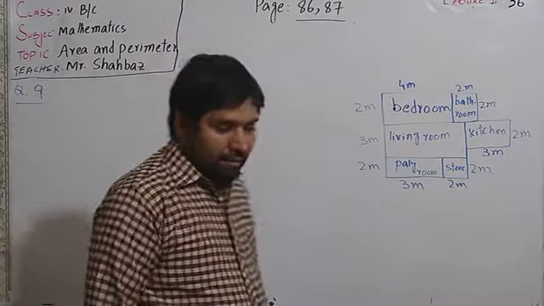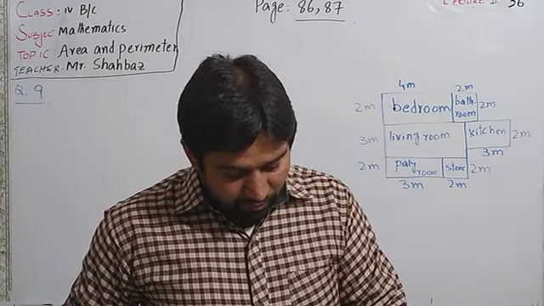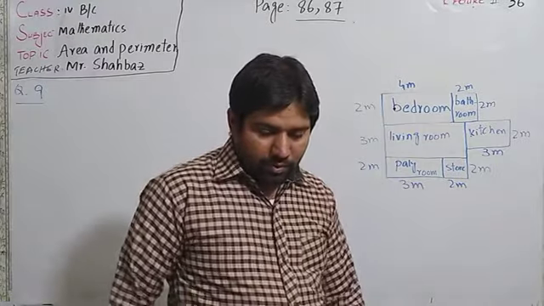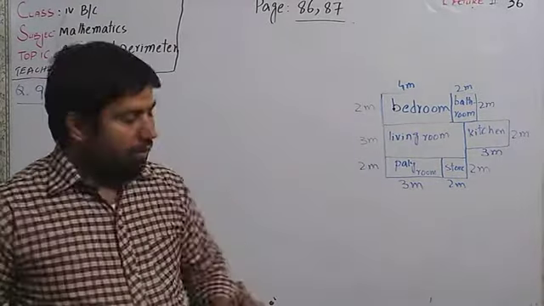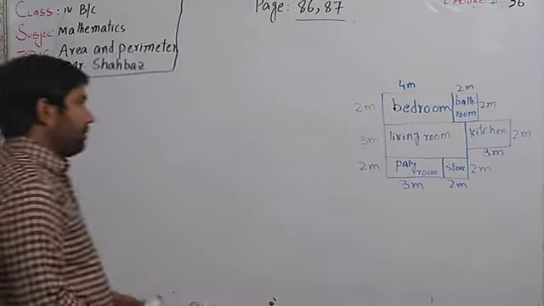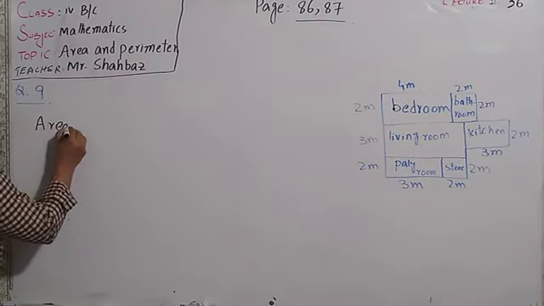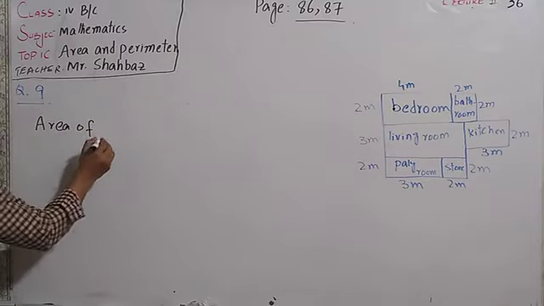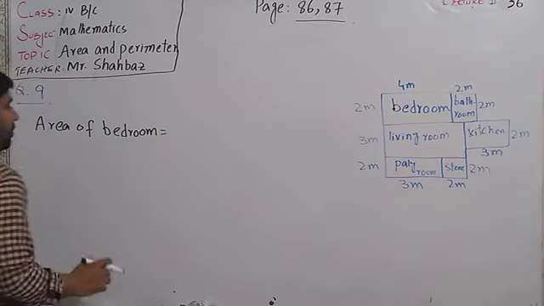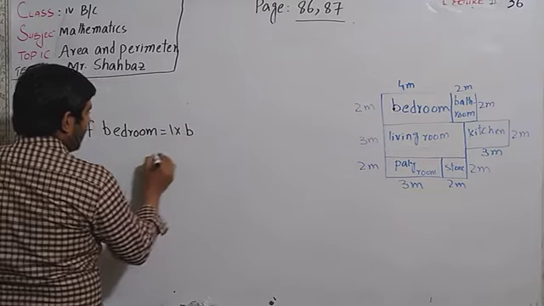So we have to find the area of each room one by one, and then at the end add these areas. It will be the total area of 6 rooms. First of all we have the bedroom. Area of bedroom is equal to length multiplied by breadth.